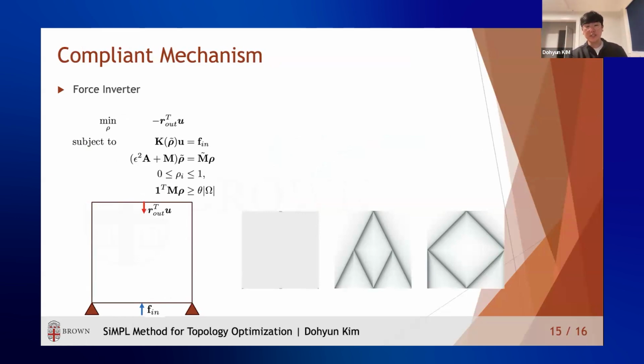The first one is just constant density, and for the others we have a little bit of information. We know that it should be connected to the fixed support, and it should also have some mass in the input and output ports here. So we connect those points with some interior point. In this case, we placed it in the middle, and in this case, we placed it on the boundary.